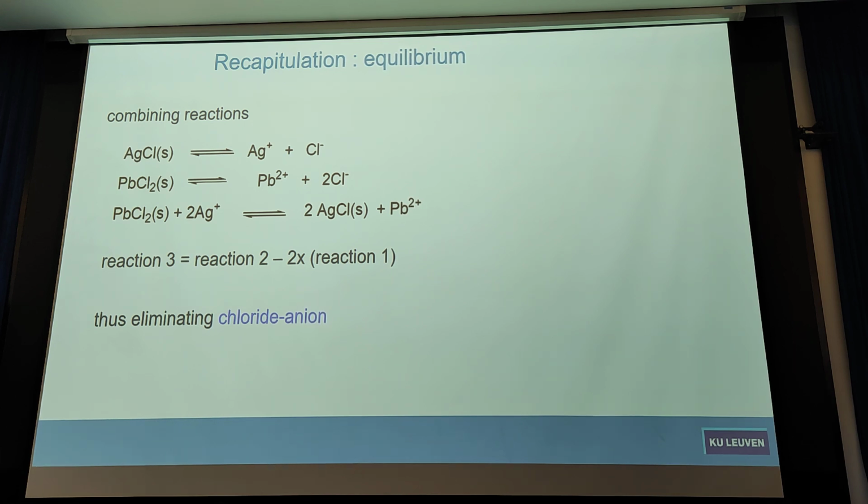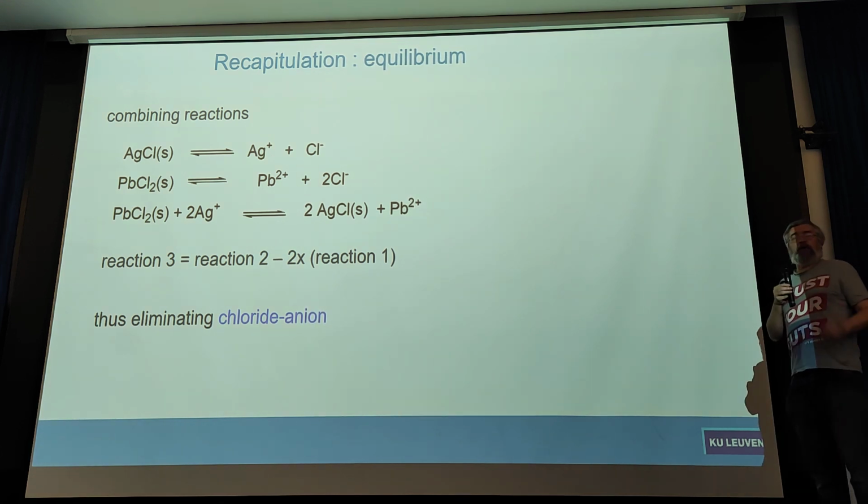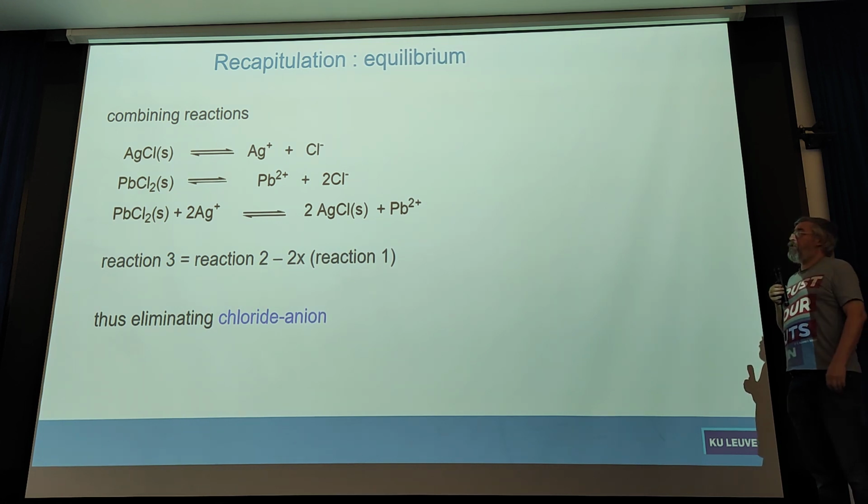But now we could consider a third reaction, in which lead chloride is combined with silver, and this might exchange for silver chloride and lead 2 plus. So it can be shown that the third reaction is actually reaction 2 minus 2 times reaction 1.